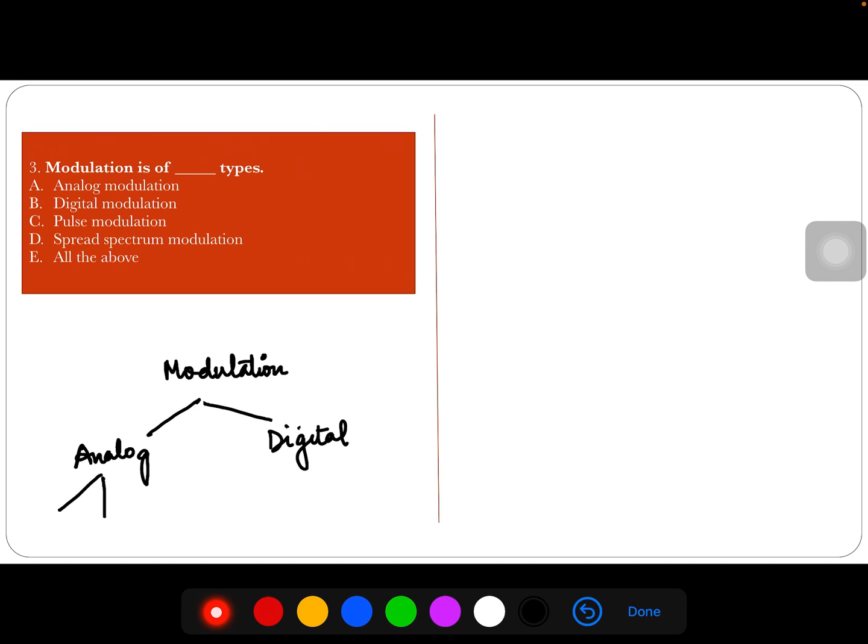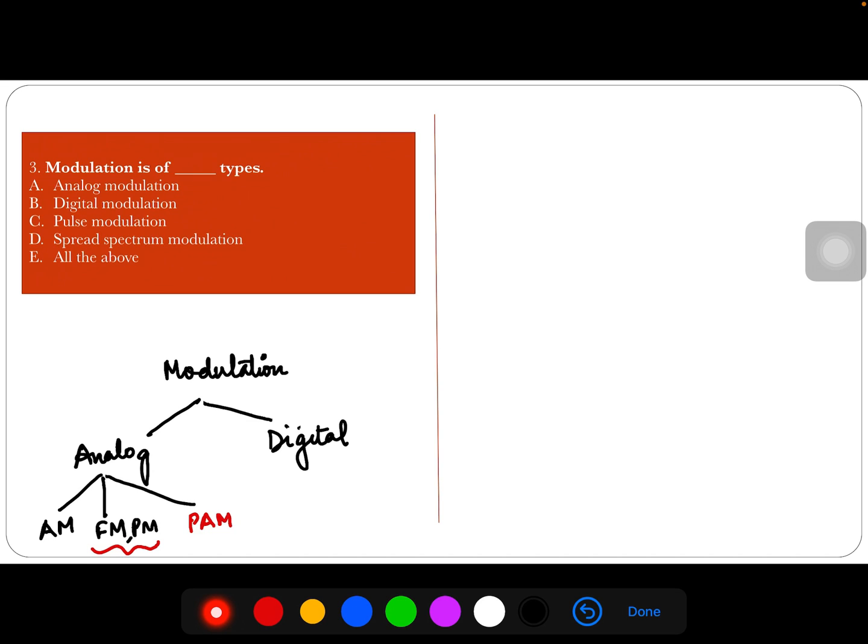Analog modulation includes amplitude modulation, frequency modulation, phase modulation, which are collectively called angle modulation. Then we have pulse analog modulation. So we have various varieties under these headings also.